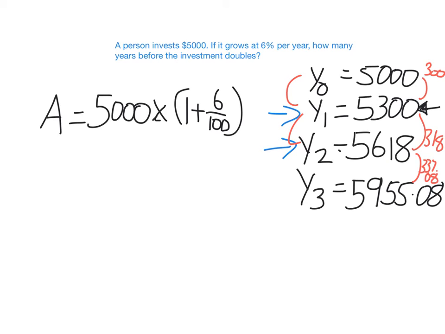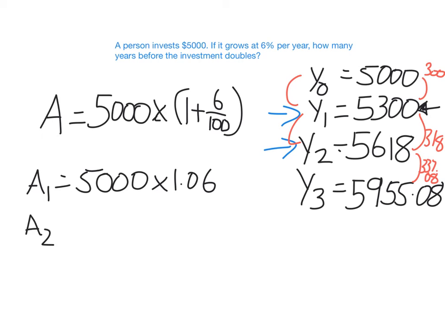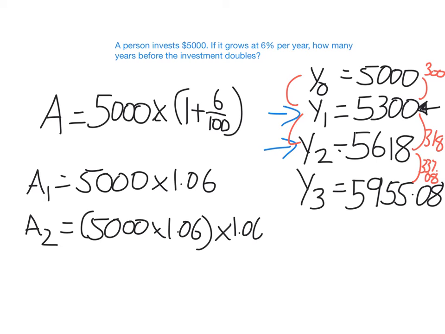So what I'm doing is I am multiplying 5,000 by 1.06 a number of times. The number of times is equal to the number of years. So the amount after the first year is 5,000 times 1 plus 6 over 100, which is 1.06. What I'm doing at the second year is I'm taking the amount after the first year and I'm multiplying that by 1.06.